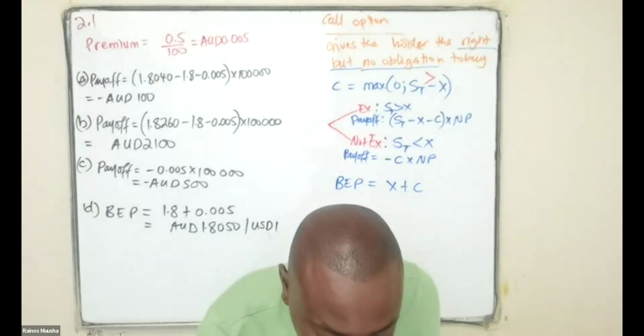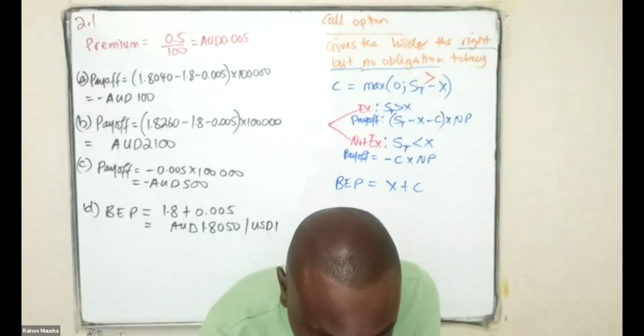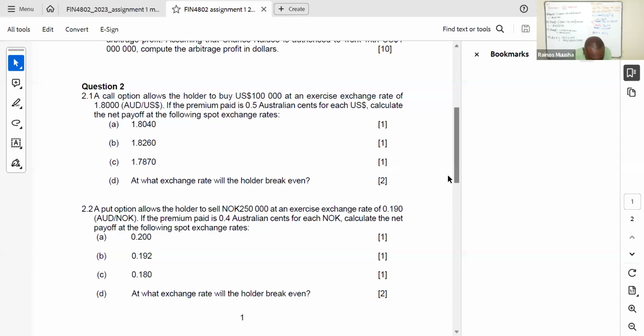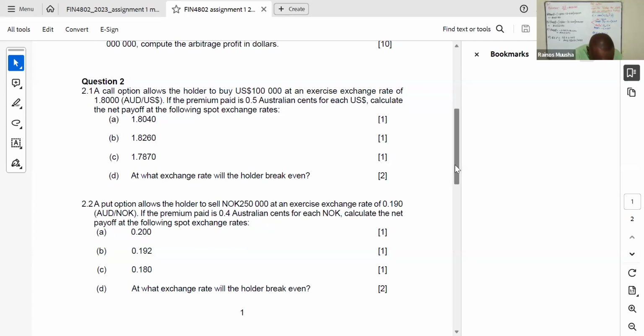For the second part of the question, we are now dealing with put options, and they give us that information. They say calculate the net payoff at the following spot exchange rates.